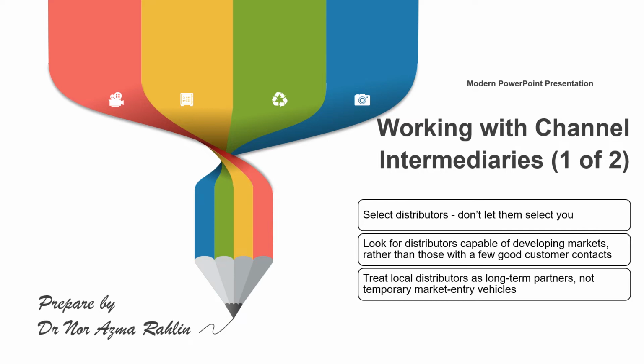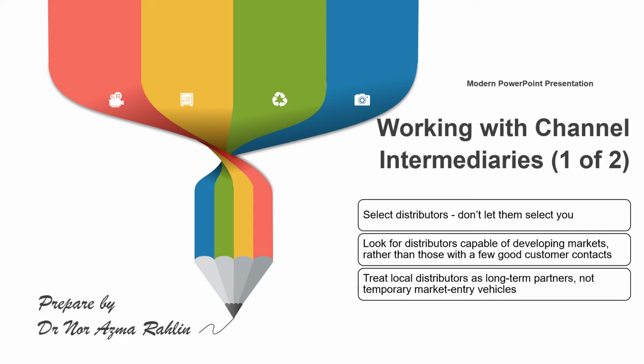A proactive market entrant can identify potential distributors by requesting a list from the U.S. Department of Commerce or its equivalent in other countries. The local chamber of commerce or trade associations in a country can provide similar information.